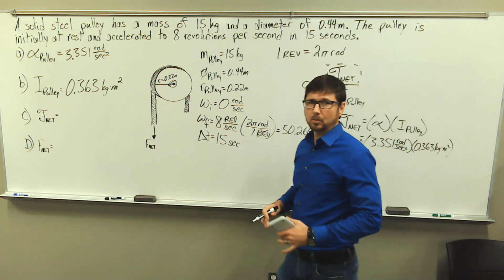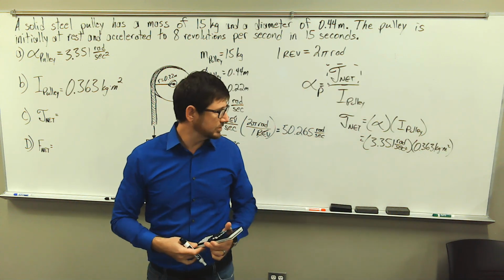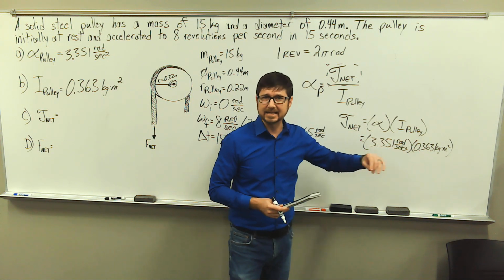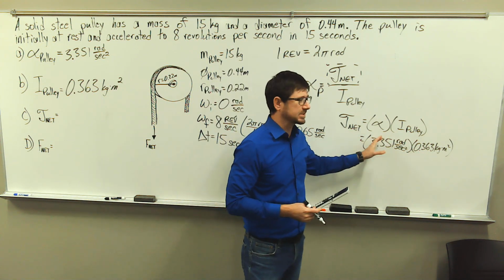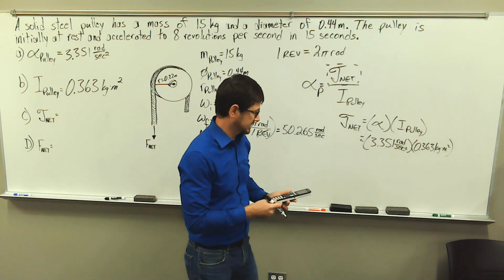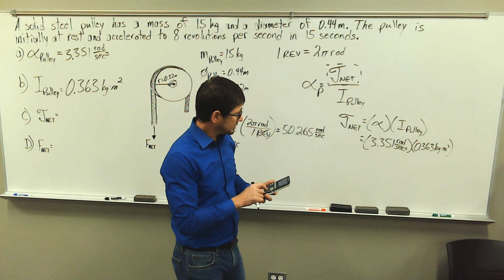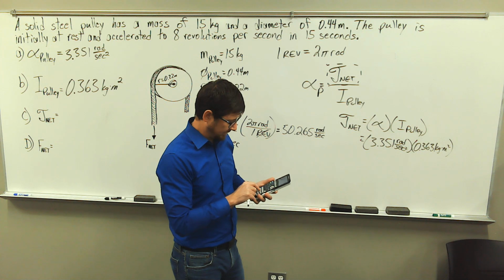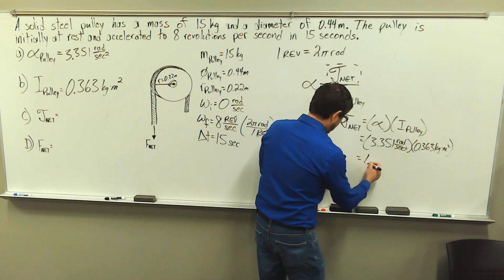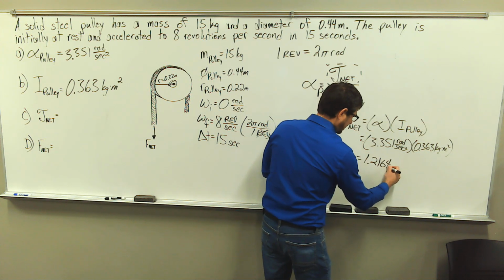Now we're going to take the product of these values, and remember that the radian is a derived unit, so it's not going to be quoted in our answer. We're not going to carry it into our answer. So I've got 3.351 times 0.363, and we have 1.2164.